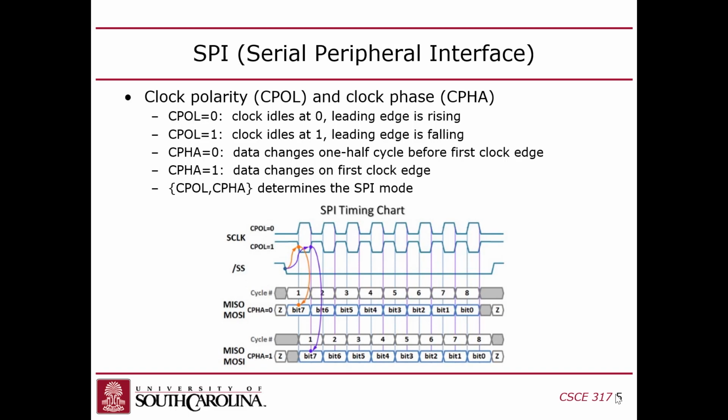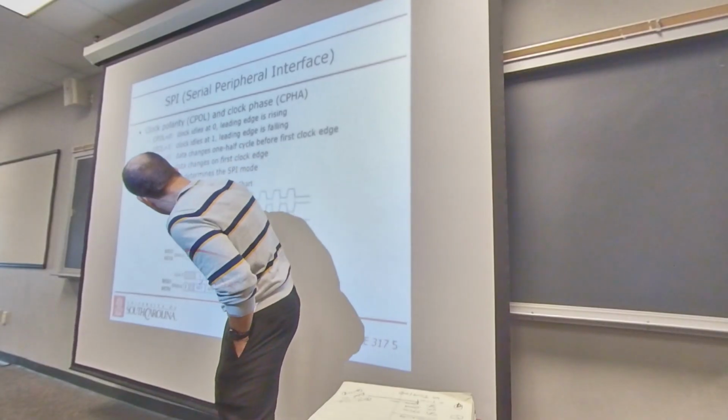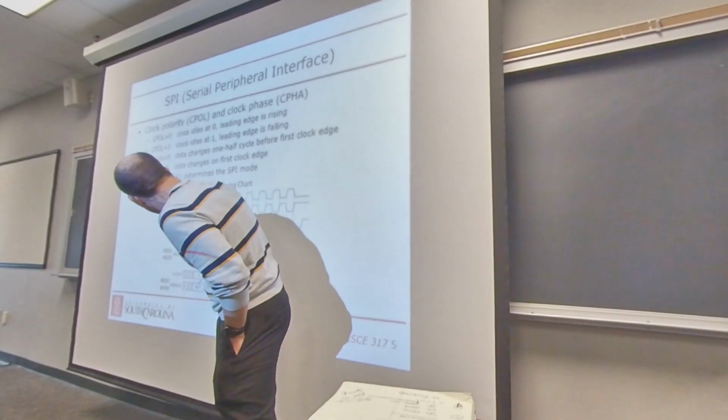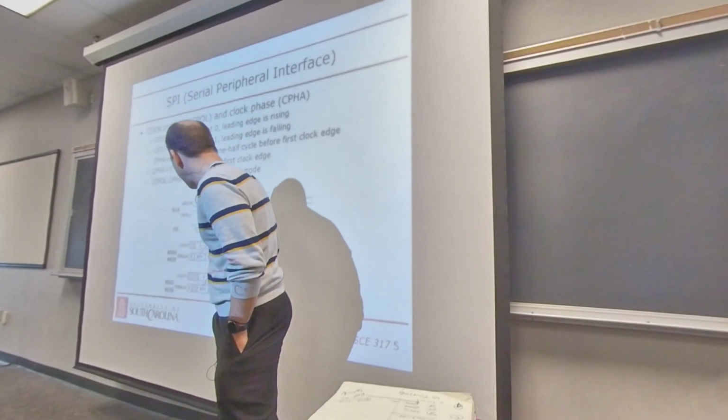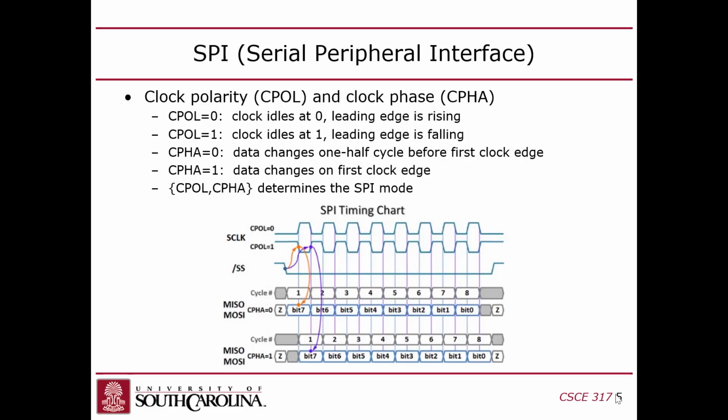CPHA is a little bit harder to describe, but the idea there is if CPHA is 1, which is shown at the bottom here, it basically means that the bits are transacted not on the first clock edge, but on the second clock edge. You sample on the second clock edge as opposed to the first. So CPHA is a phase shift of 1/2 clock cycle. Right? You guys with me? Okay.